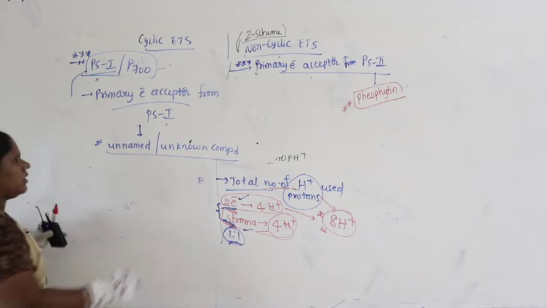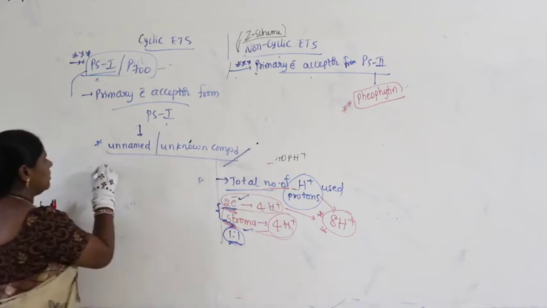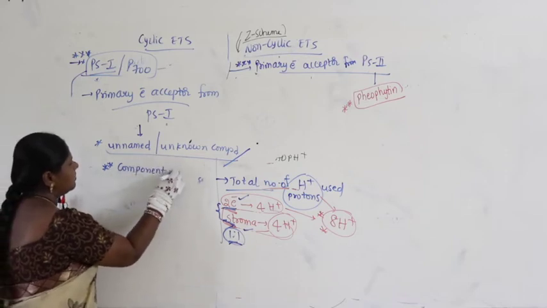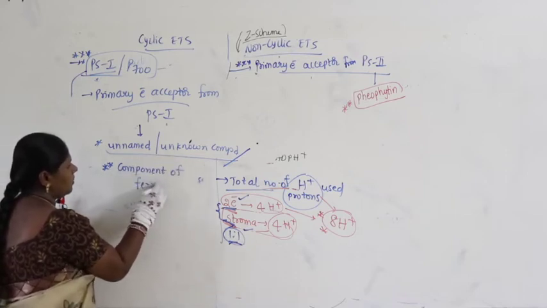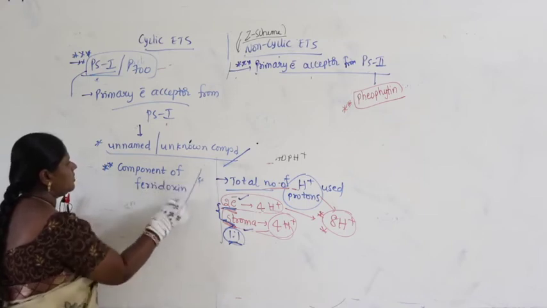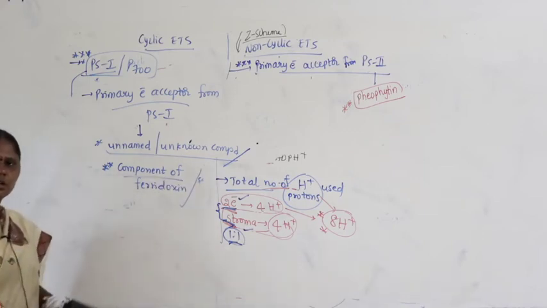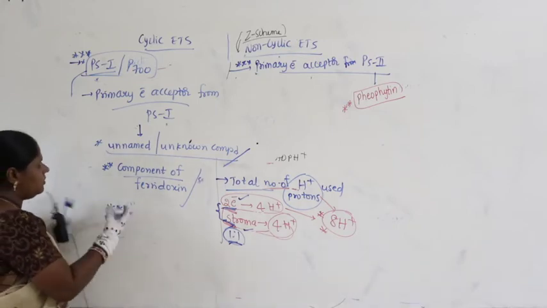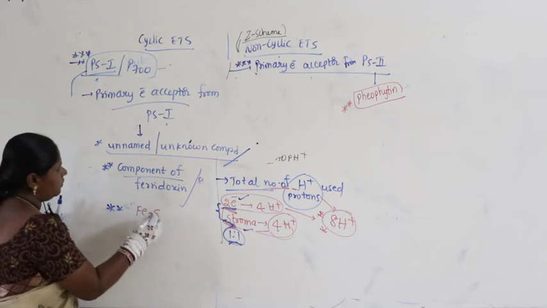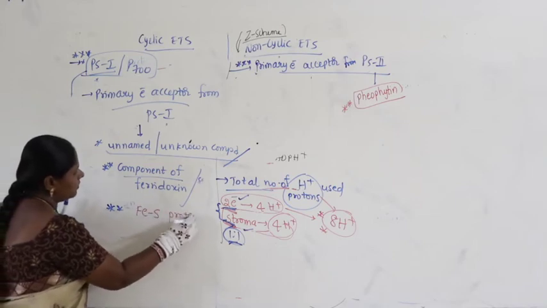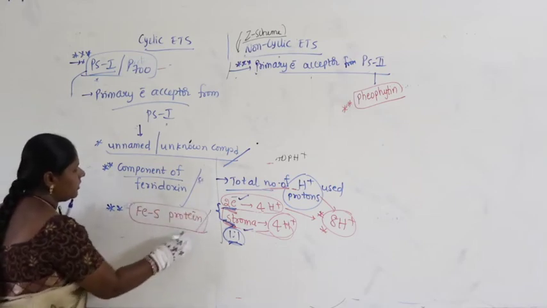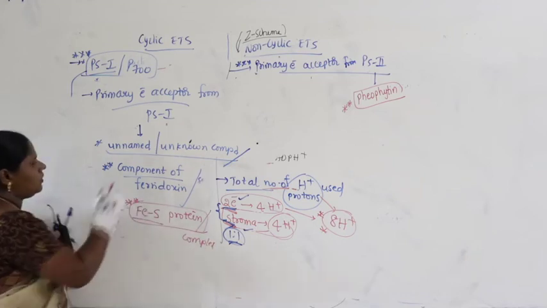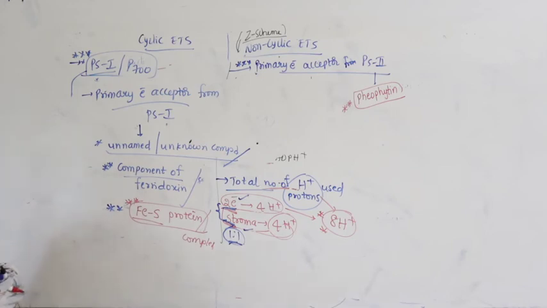If this is not there, they may give you the option as component of ferredoxin. Sometimes even this is not there in the given options, then you have to take iron sulfur protein or iron sulfur complex. Okay, so you have to remember.